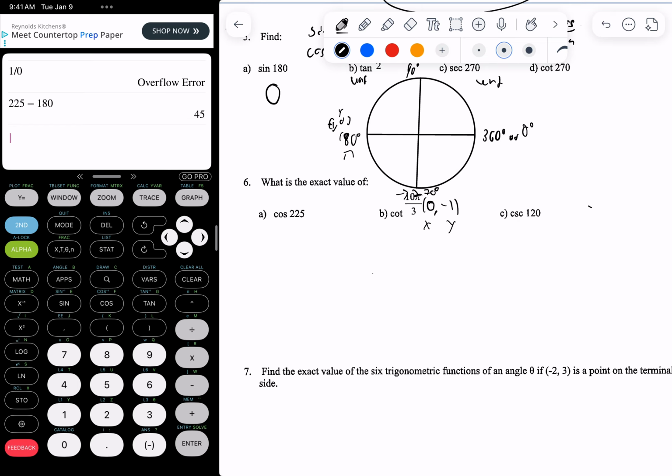Okay, so we have 10 times 180. 10 times 180 is 1800, and 1800 divided by 3 is 600.